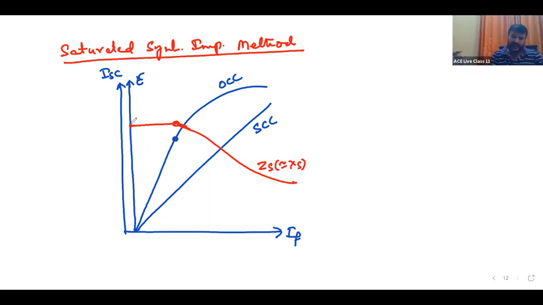After drawing the OCC and SCC, ZS is measured for the field current corresponding to rated open circuit voltage. That is the main important thing.